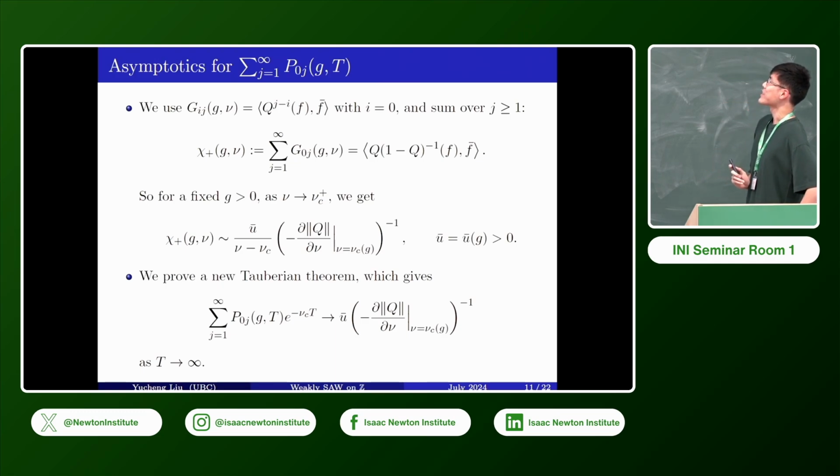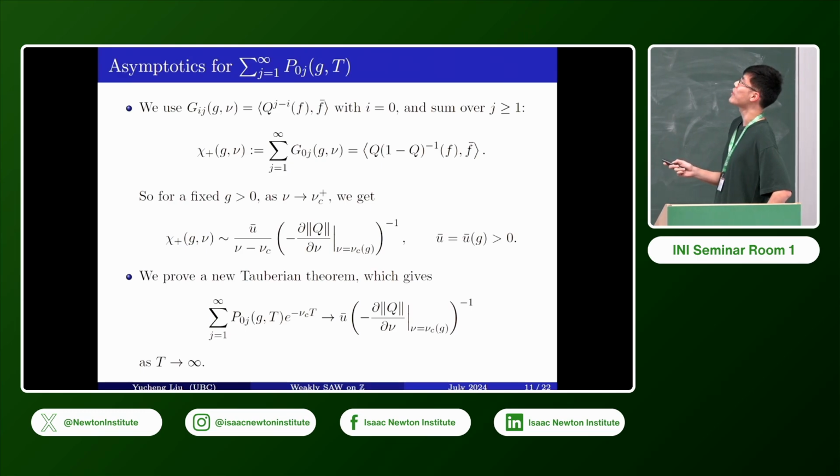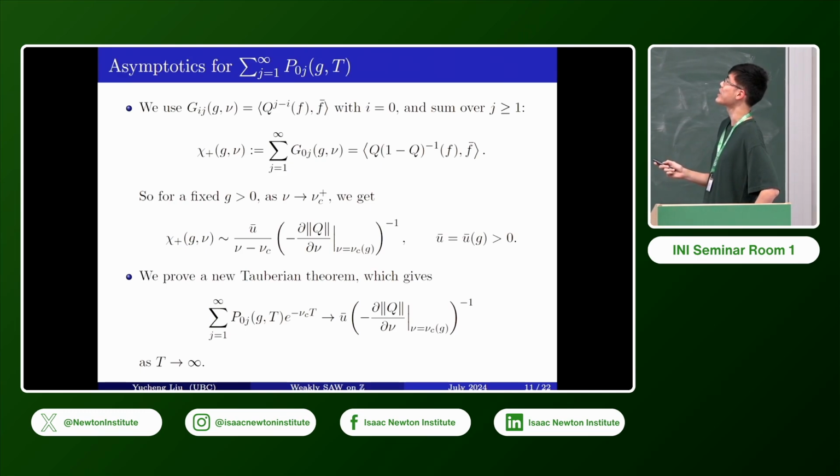Let me get the asymptotics out of here. So using this inner product representation, G_ij, if we sum over all the j's with i being 0, this gives the positive part, the right-hand side part of this susceptibility, which is a sum that we can do.